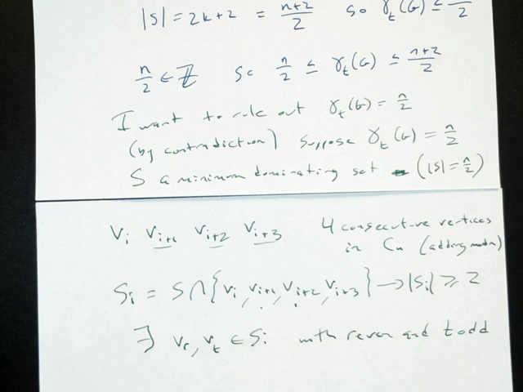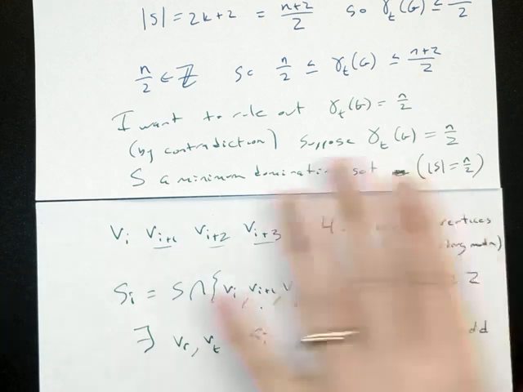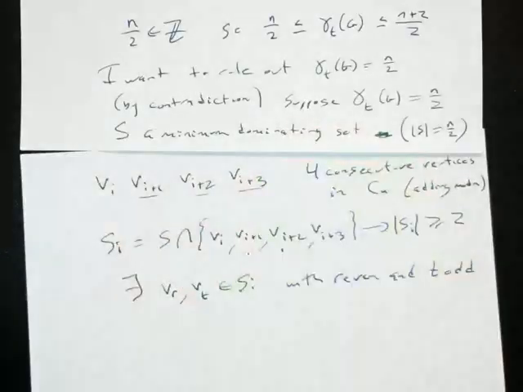Call those VR and VT. One of them's even, one of them's odd. I have arbitrarily decided that the R is even and T is odd. Since those are consecutive. Wait a minute.